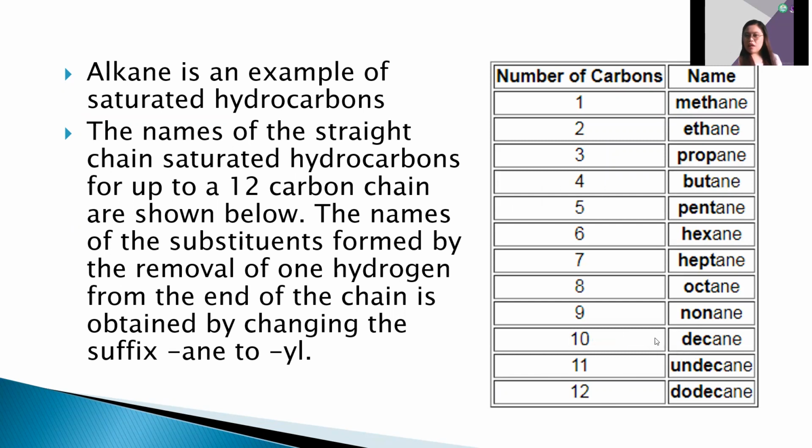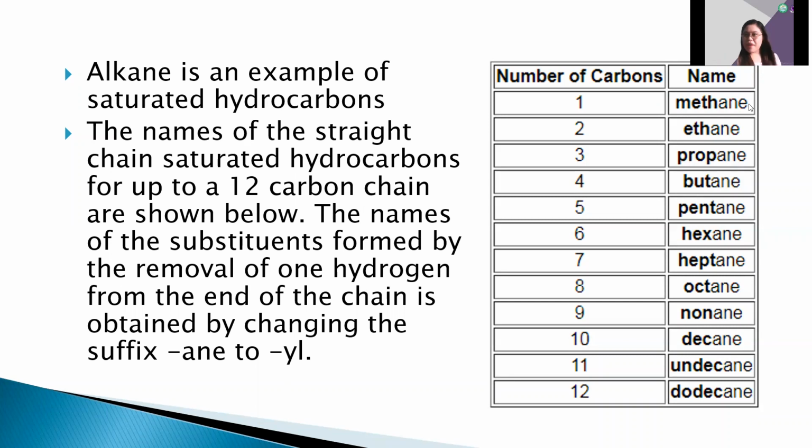So yung sa 10, di ba dec yun? Sa 11 class, we use the prefix undec, and then 12 for dodec. And then syempre kung lahat sila ay alkane, single bonds lang, mag-e-end silang lahat sa ane. Pag minus one na hydrogen, i-change mo lang ang ending sa yl.